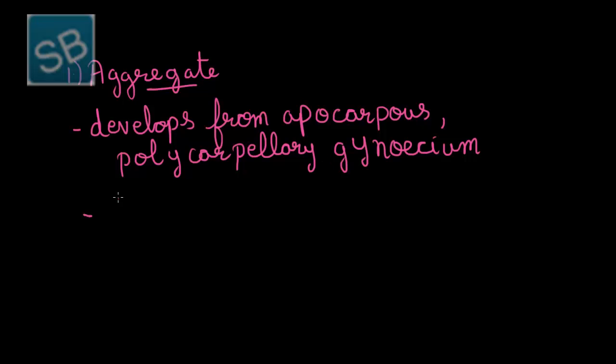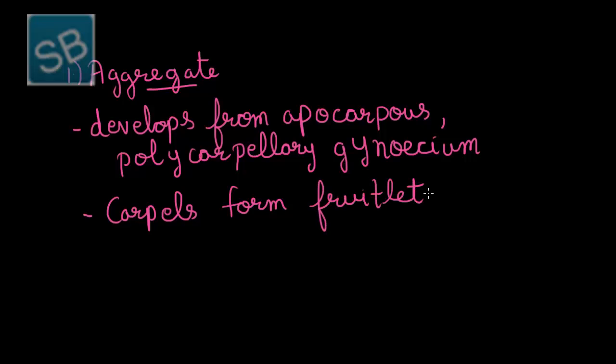These carpels form the fruitlets, which in combination, forming clusters, result in the formation of etaerios. These etaerios together develop into a fruit.